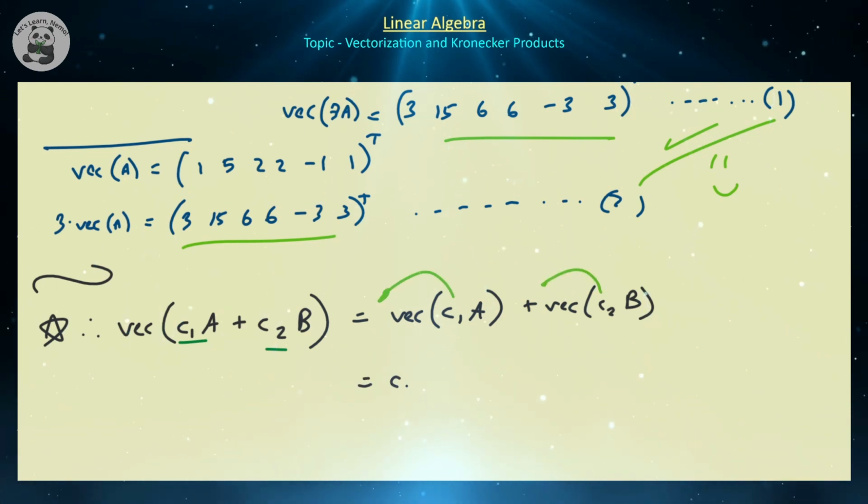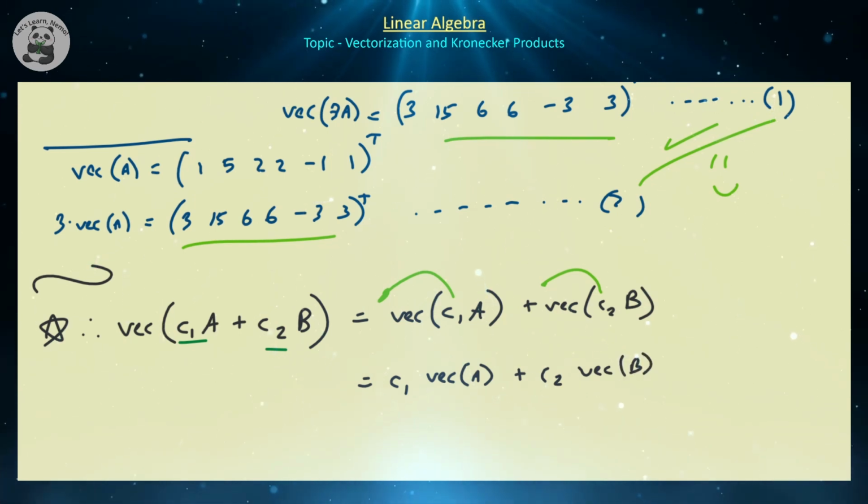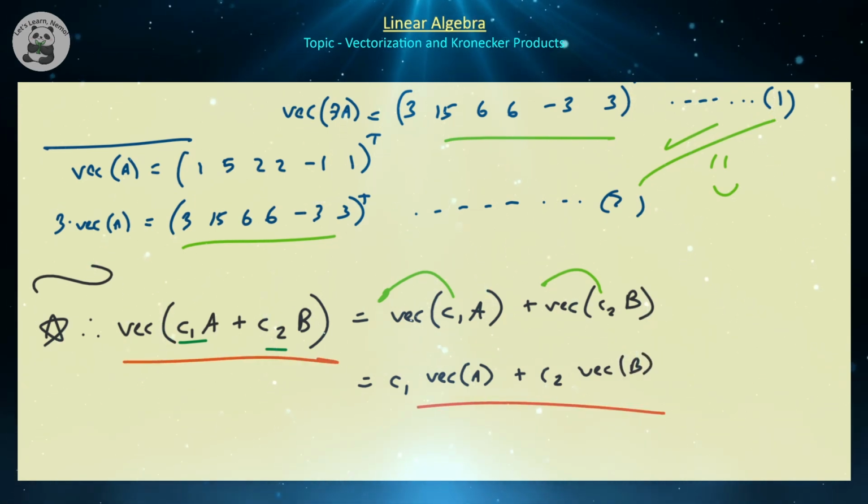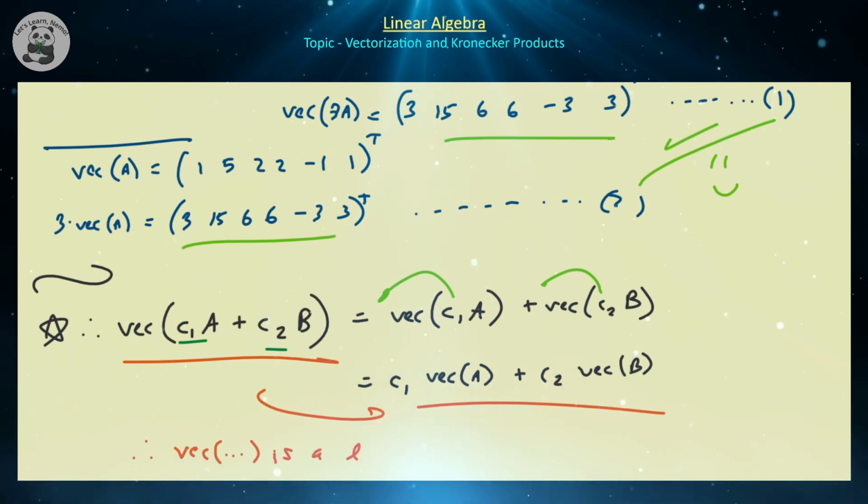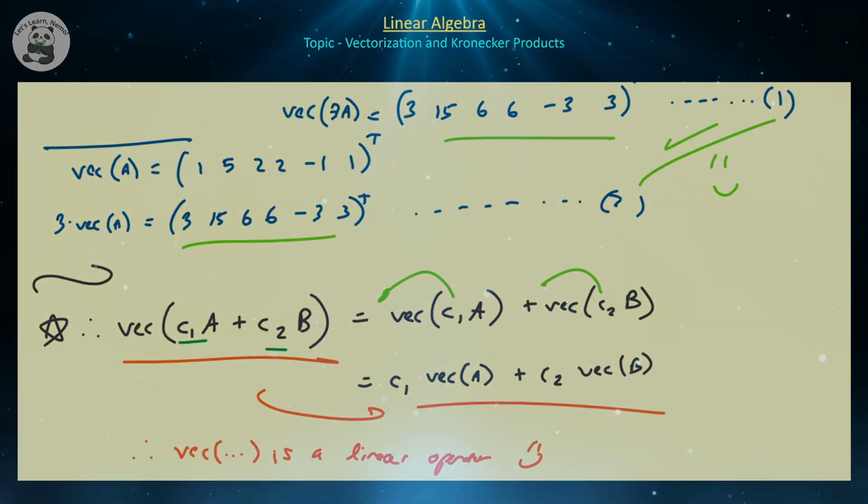So we have, for example, c1 times the vectorization of A plus c2 times the vectorization of B. And what do we have? Well, if that is equal to that, that means this operator is a linear operator. And that obviously has quite a few important applications, at least in theoretical vectorization.